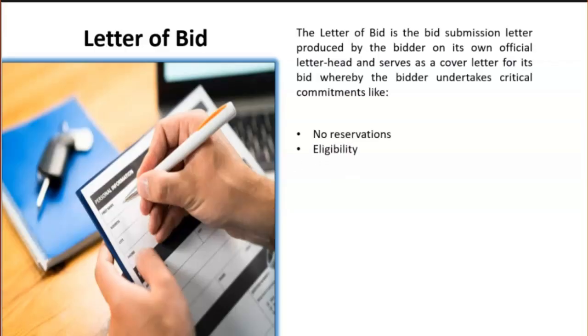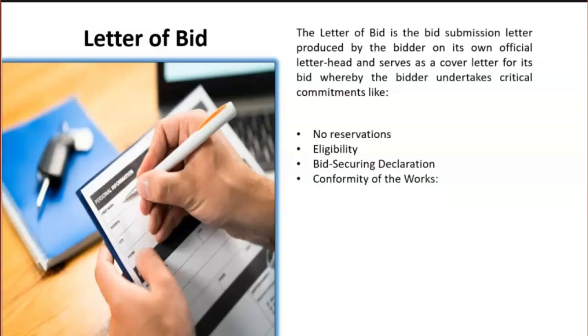Eligibility. The bidder declares that it meets the eligibility requirements and has no conflict of interest. Bid securing declaration. In case it is allowed, the bidder confirms that it has not been suspended nor declared ineligible by the employer or any other employer in the country based on execution of a bid securing declaration in previous competitions.